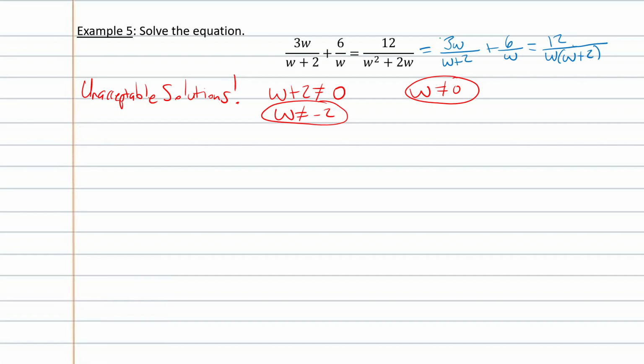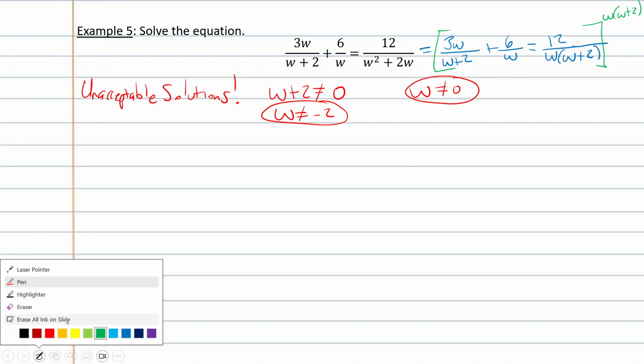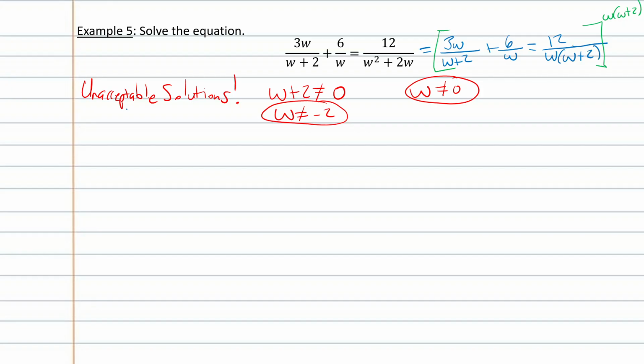We need to multiply by the LCM of the denominator here. That winds up being w times w plus 2, because I have a w plus 2 here, a w here, and then I have a w times w plus 2 in the other solution. So let's do that.